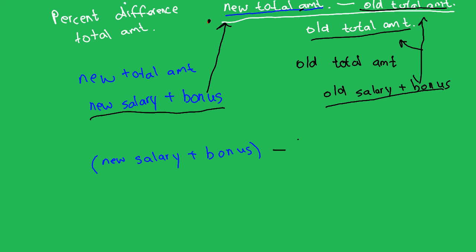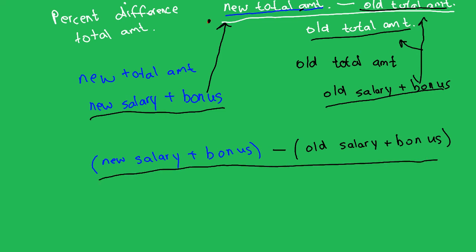And we're subtracting the old total amount, which is old salary plus bonus. And once again, dividing by old salary plus bonus. It's going to be a lot of writing, for me at least, in this video. Okay, so now we've got our expression in words. That's never a bad idea to start off with that first.